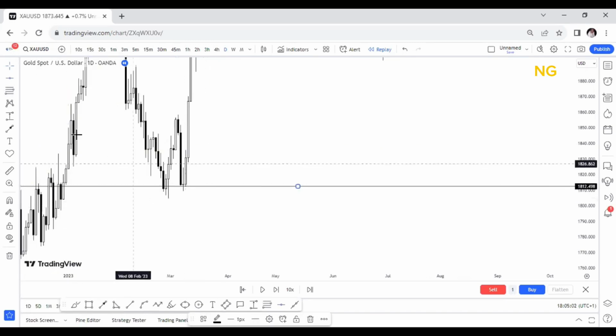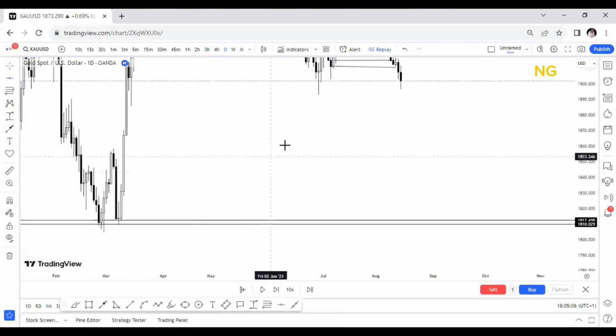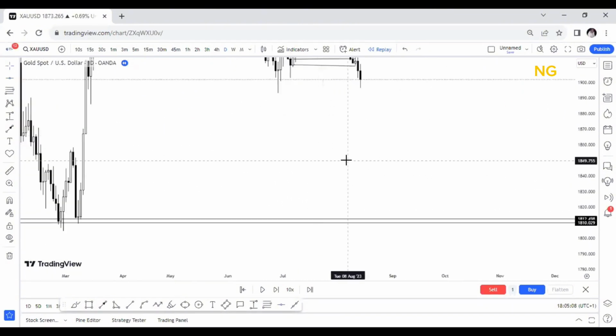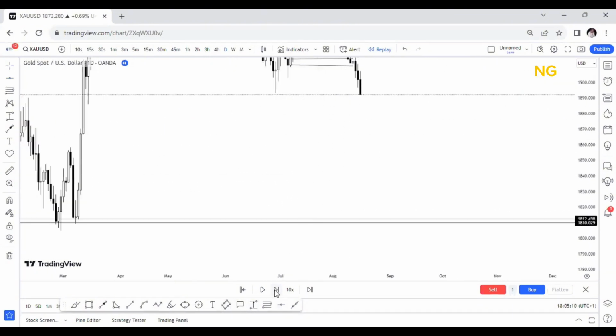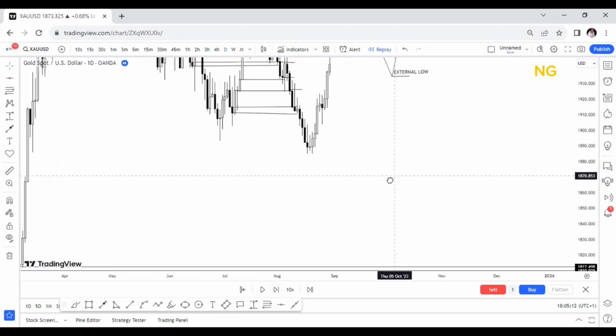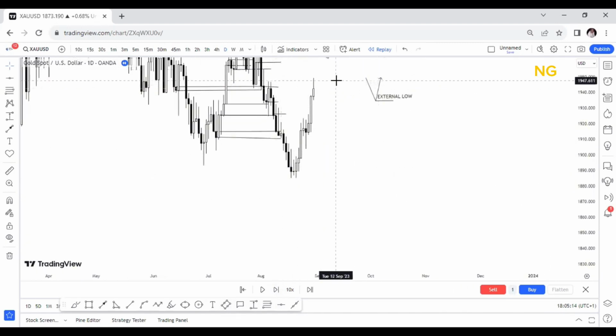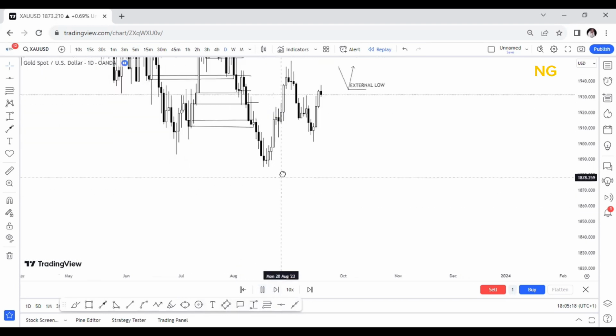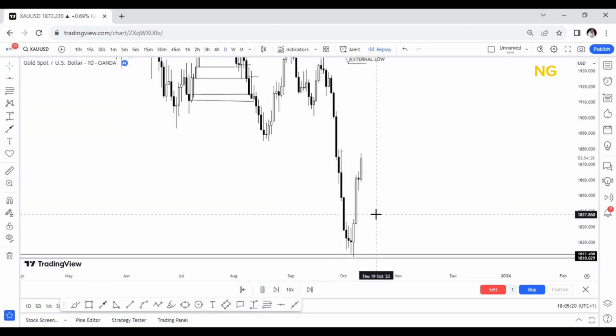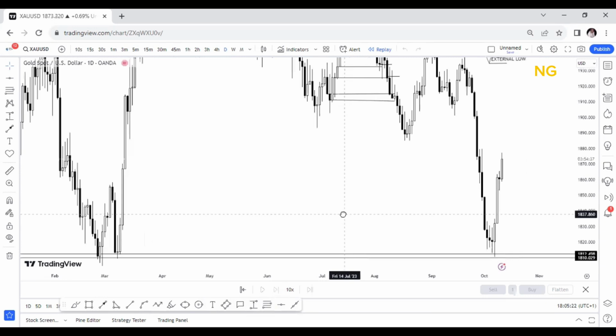You still come here, because this is a key level of external support. It's coming to this place. You see, all these are just pullbacks.